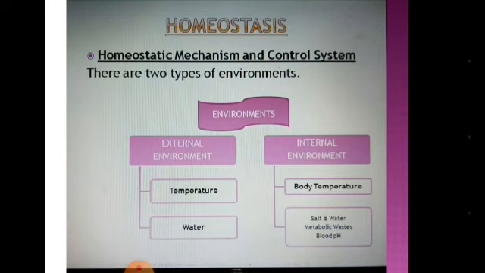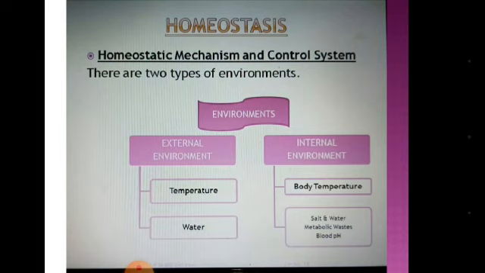Consider there are two types of environment. One is the external environment, the other is the internal environment. Some factors of the external environment, let's consider, are temperature or water.